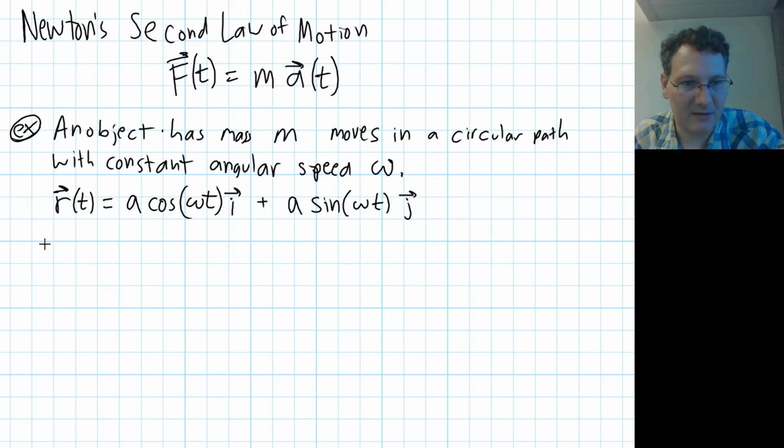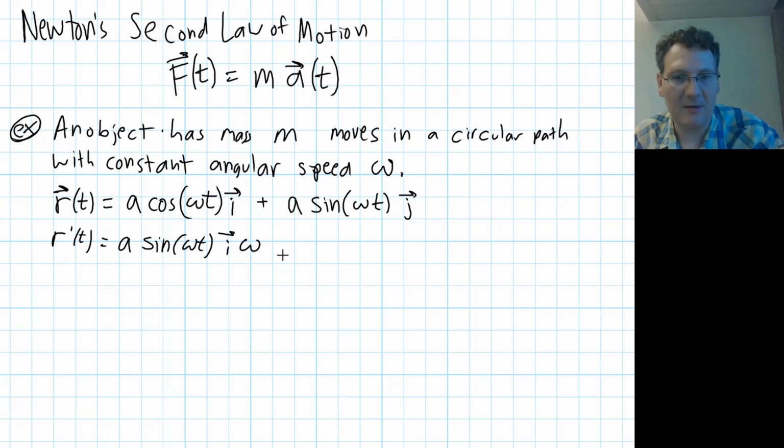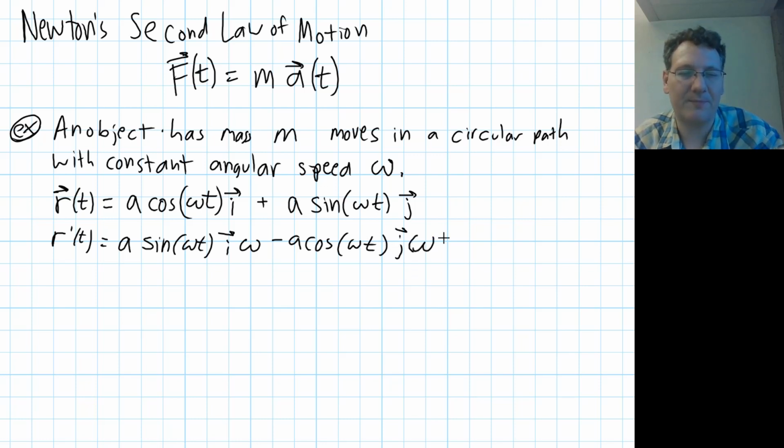And so for the force vector, I'm going to have to find the first derivative, and that's going to be a times the sine of omega t i times an omega, minus a times cosine omega t times the j vector times an omega. The second derivative is going to be, well, I know I'm going to get another omega out.